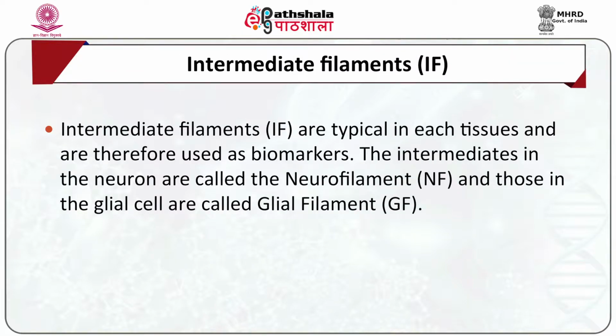Now, if we look at the intermediate filaments, they are usually typical in each tissue, and they are therefore used as biomarkers. The intermediate filaments in neurons are called neurofilaments, and those in the glial cells are called glial filaments.